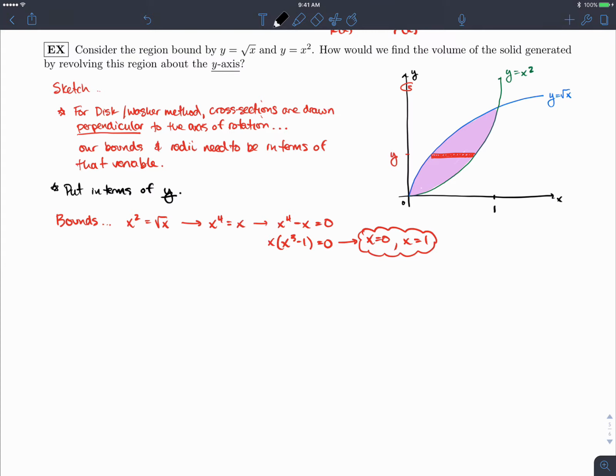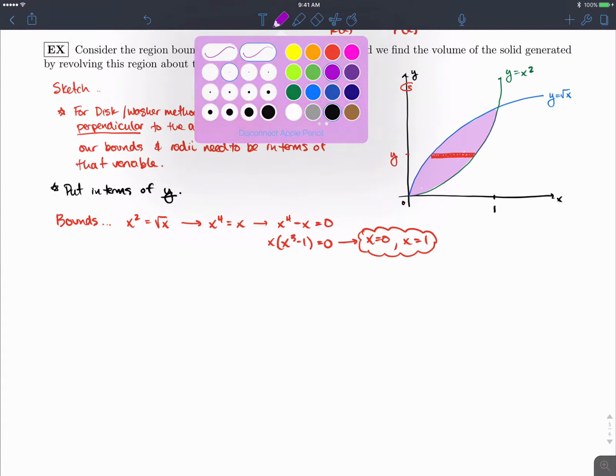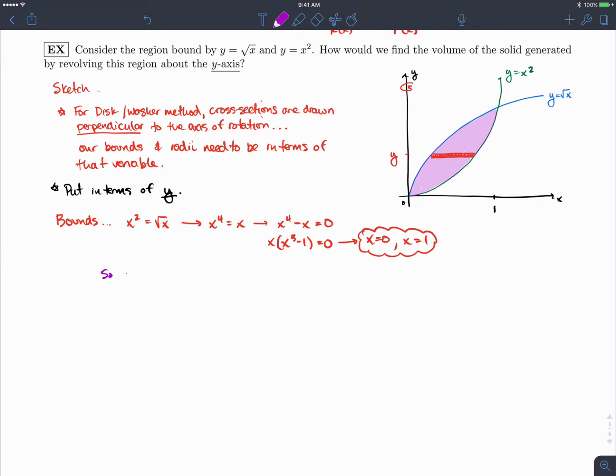Now what are our y bounds going to be? Because we need these to be in terms of y. So if x is equal to 0, all we need to do is plug this in to one of our functions. I'm going to pick x squared. So if x is equal to 0, y is going to equal 0 squared, which is equal to 0.